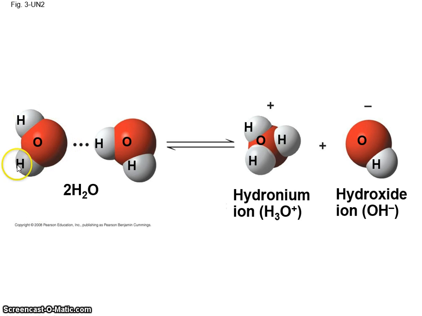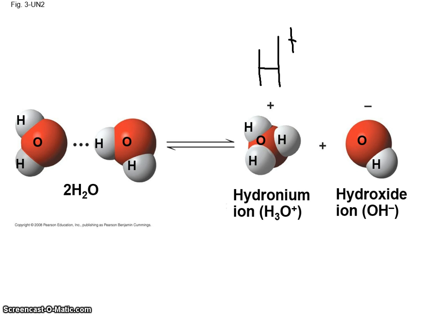So here we have two water molecules. At times, this hydrogen atom will be removed, or will move, from this water molecule and move over to this water molecule. When that happens, we say it dissociates, and this is a hydronium ion, but for the rest of this lecture, we're going to be calling this hydrogen, or the hydrogen ion. This is the hydroxide ion, which is OH negative, and this reaction of when the hydrogen leaves one water molecule is dissociation.